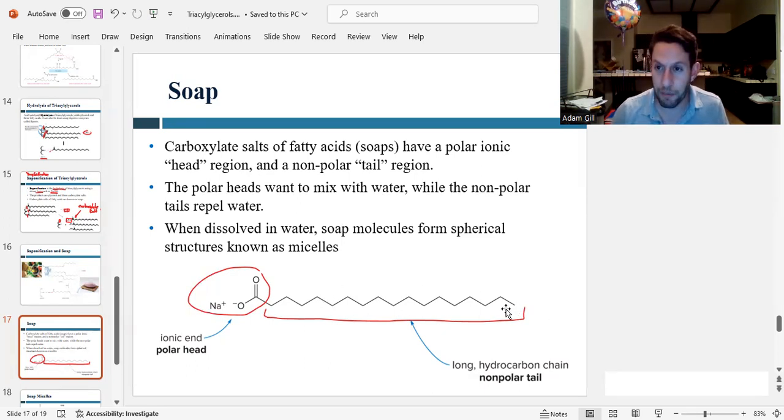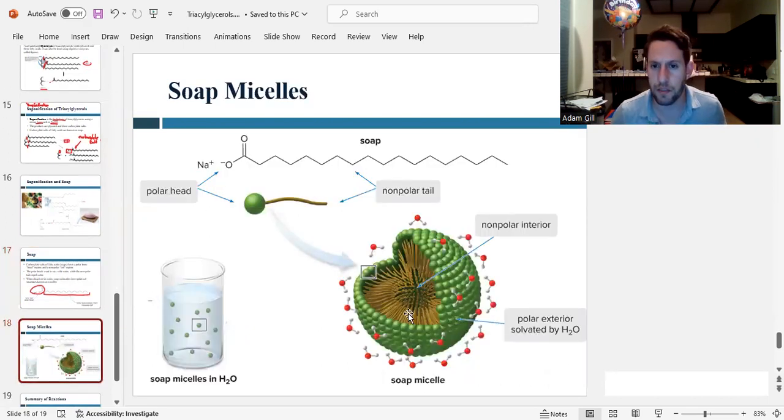And so what happens is when you dissolve these in water, they form this three-dimensional structure called a micelle that looks like this. Now, your soap molecule has the polar head and the non-polar tail. For the sake of drawing, we're going to abbreviate it as this cartoon where the polar head is a sphere and the tail is like this little tail.